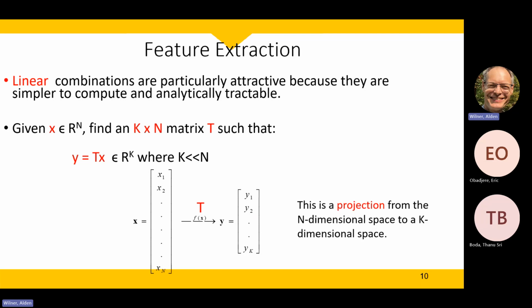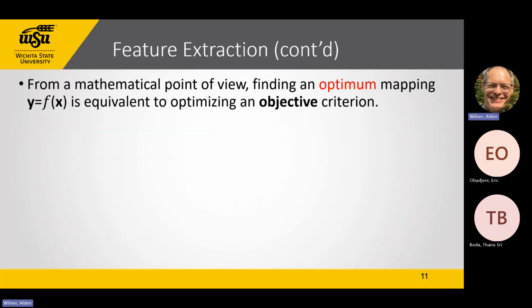This is a projection from n-dimensional space down to a k-dimensional space. So imagine a three-dimensional object, you're casting the shadow on the table. And we're trying to look for the most useful projections to that lower dimensional space, right? From a mathematical point of view, finding an optimum mapping y equals f of x is equivalent to optimizing an objective criterion.